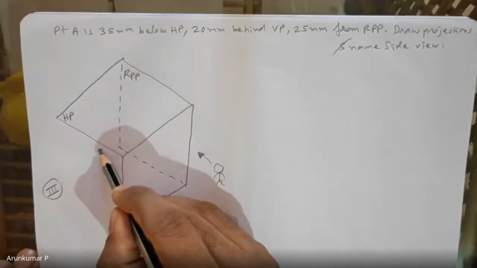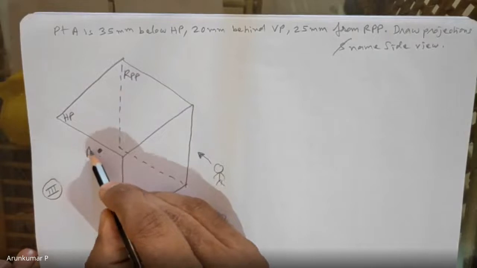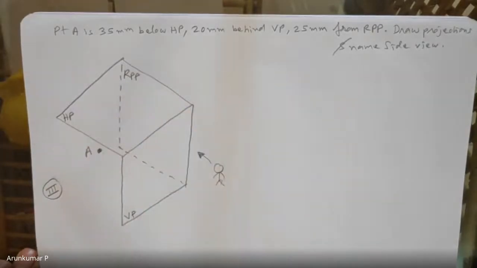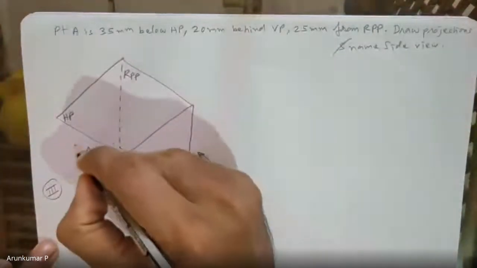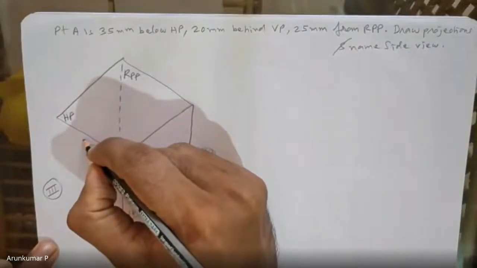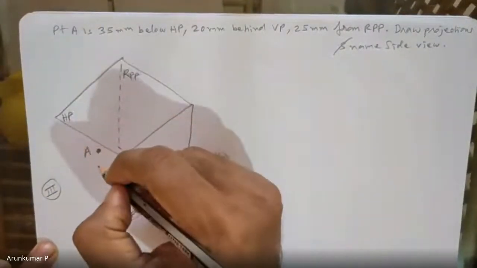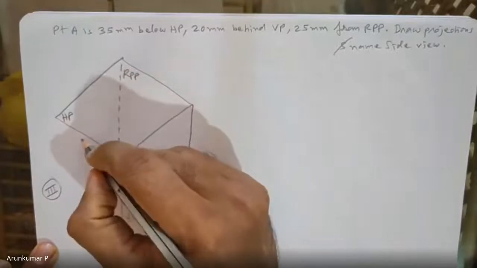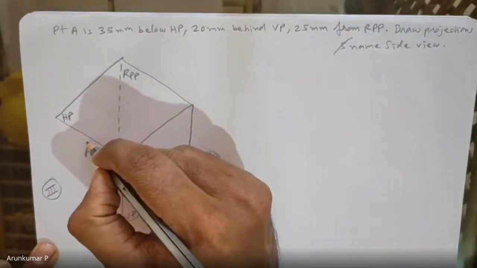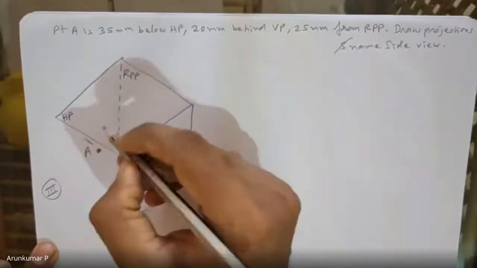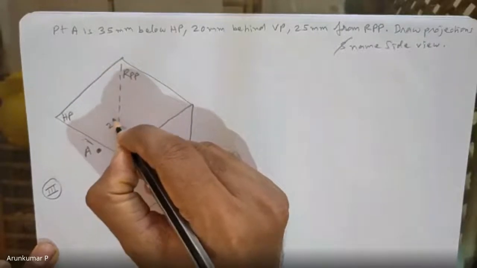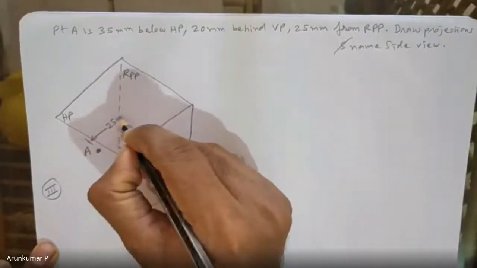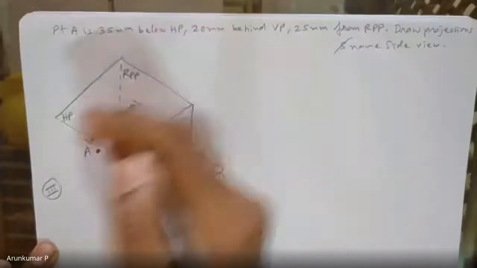Let us say this is a point A. It is, of course, 25 mm from RPP.